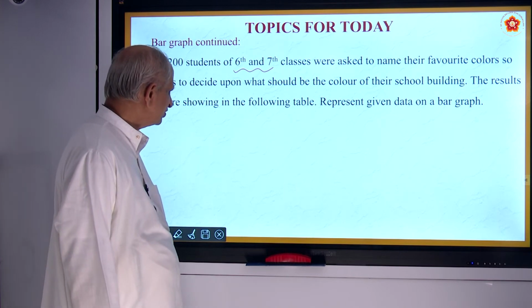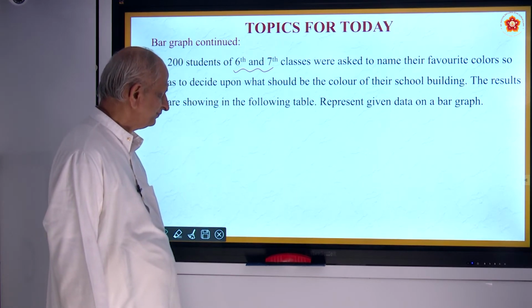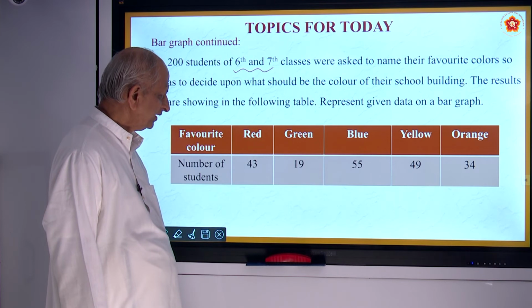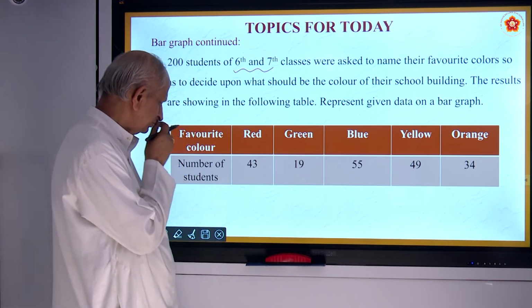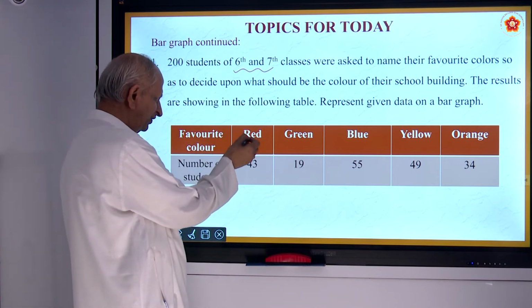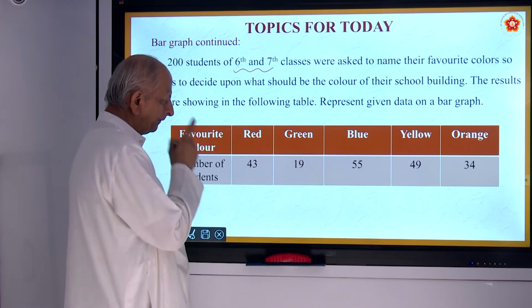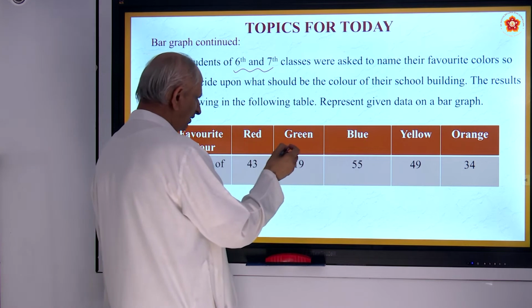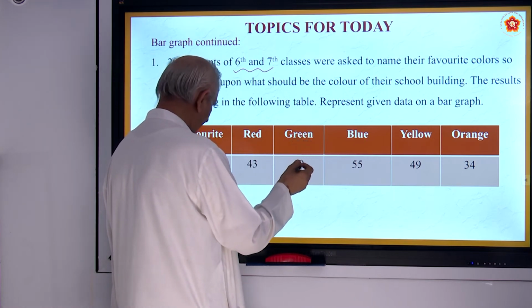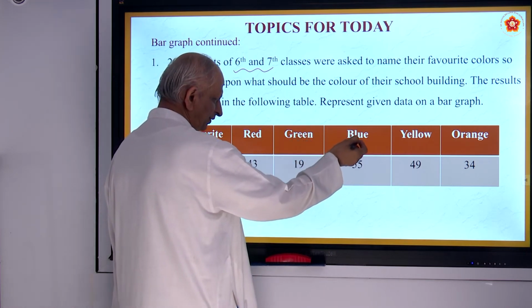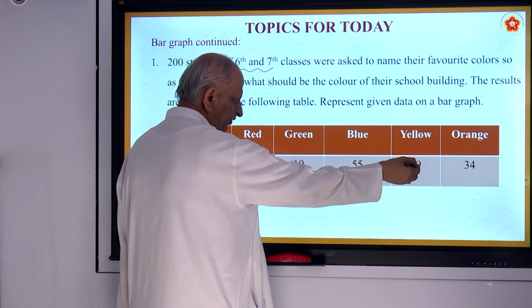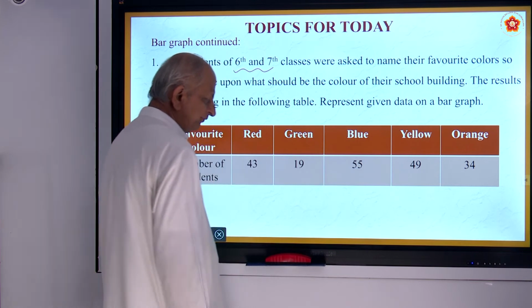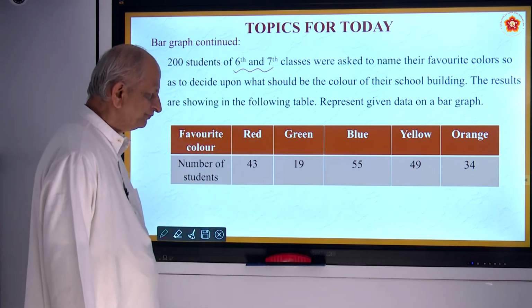So, the results are shown in the following table. Represent given data on a bar graph. So, 43 students say red color and 19 students say green, 55 students say blue, 49 students say yellow and 34 students say orange.